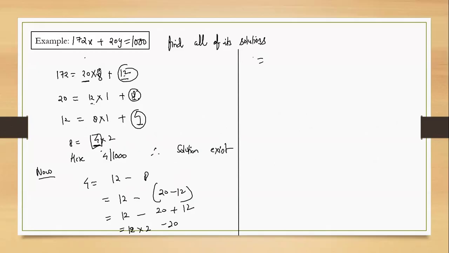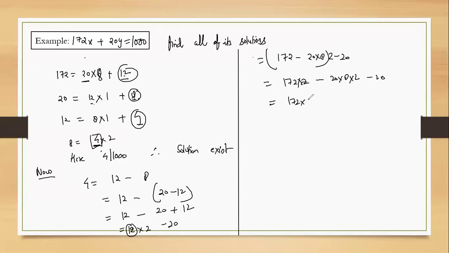Now again 12 can be written as 172 minus 20 multiplied by 8. Oh sorry, I forgot to write 2 because we are only changing the 12. So it will be 172 multiplied by 2 minus 20 multiplied by 8 multiplied by 2 minus 20.